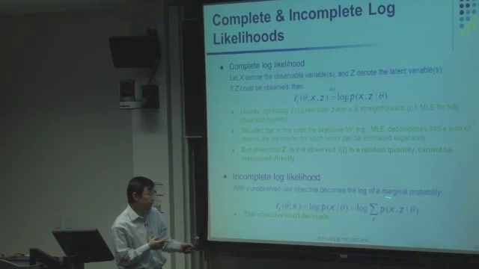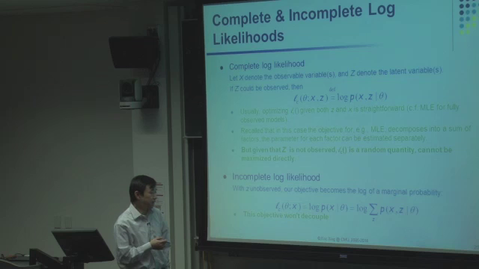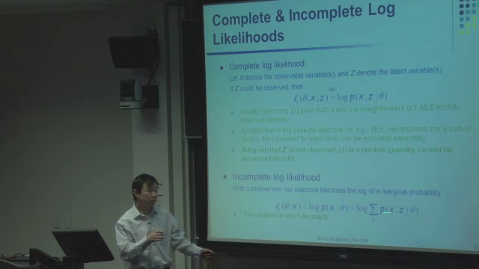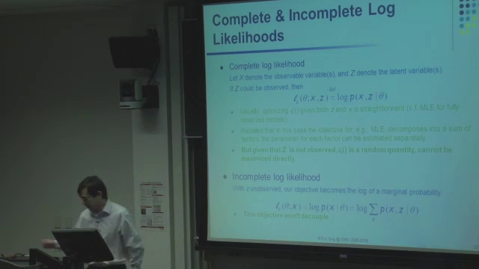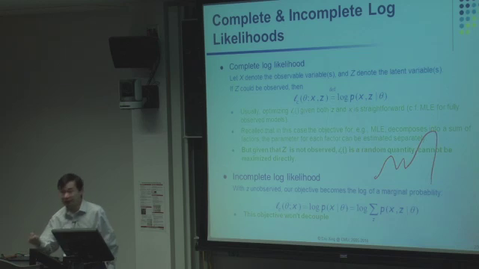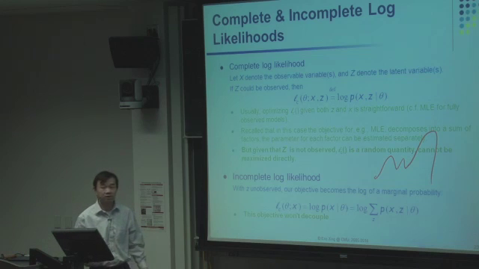This whole thing is a very nasty function. First of all, it is multimodal, because it is a mixture model, and it is also wrapped outside with a log. It is an extremely nasty function to optimize.